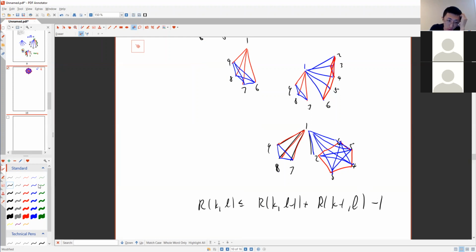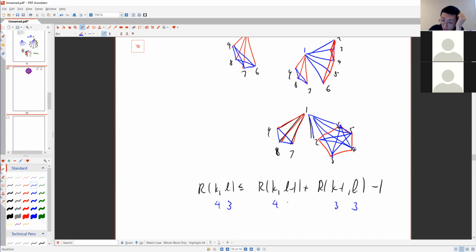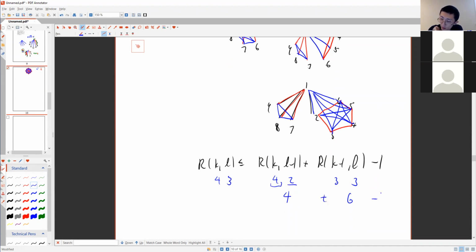So if this is (4, 3), this would be R(3, 3), and this would be R(4, 2). R(4, 2) is 4? Yeah, right. So you need 4 to guarantee at least one red edge or a blue K4. Yeah, so apparently this is true. R(4, 3) is less than that.